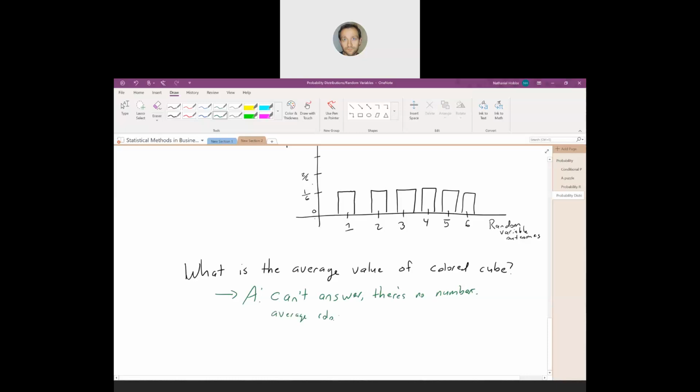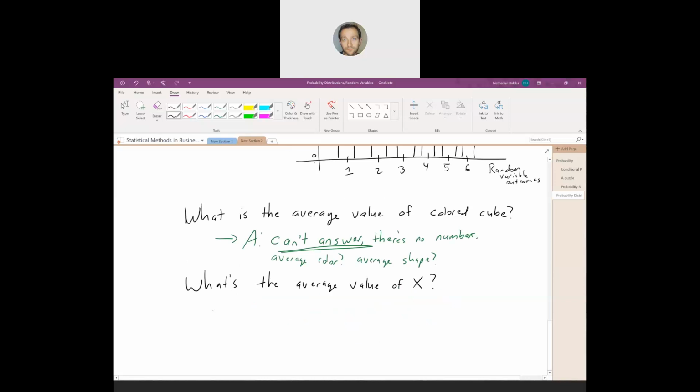Average color? What does that mean? Average shape? I don't know, whatever. You can't answer it. But if I ask, what's the average value of x? This is something that we can talk about. This is something that is clear.